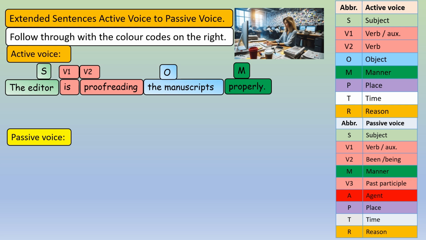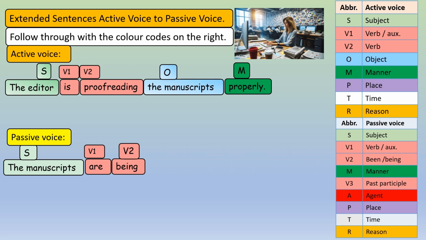There's an indication here, a new table that is a little bit adjusted for the passive voice. So that same sentence now becomes: The manuscript. We start with the object of the active sentence. It becomes the subject of the passive sentence. The manuscripts, it's plural, so it's are. Is will become are.